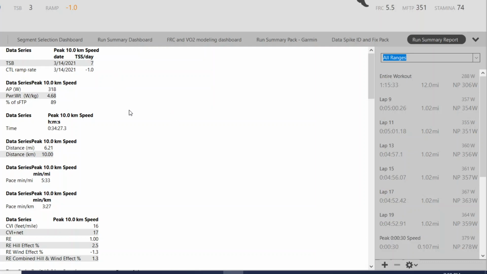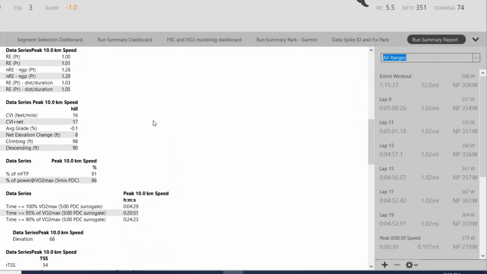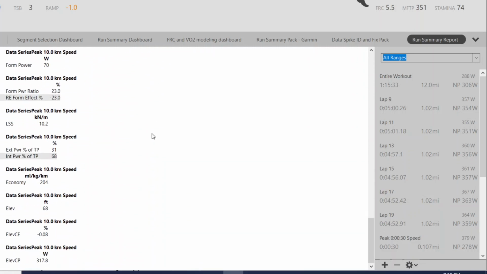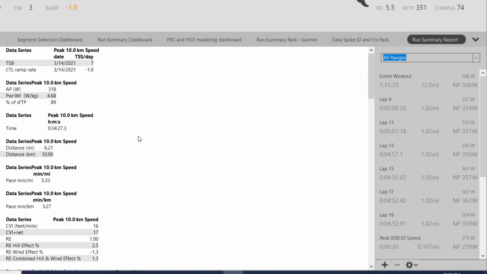Again, it's prioritized with the most important at the top, and it flows that way. Down below is stuff that I haven't quite eliminated yet off of the report because I still go back there once in a while and take a look at it.